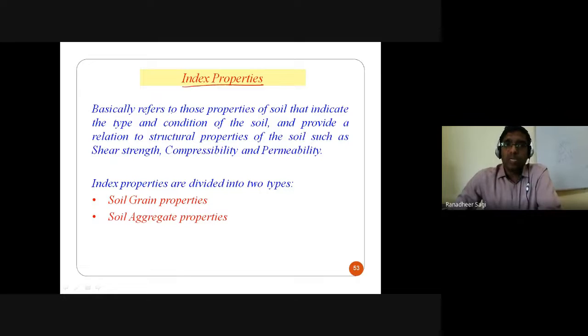Index properties basically refer to those properties of the soil that indicate the type and condition of the soil, and which provide a relation to the structural properties of that soil, such as shear strength, compressibility, and permeability.